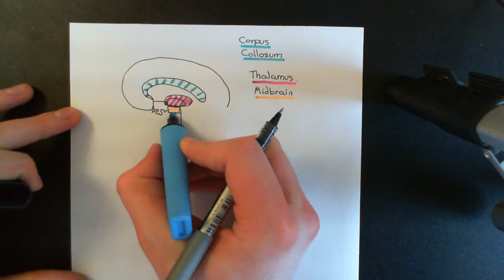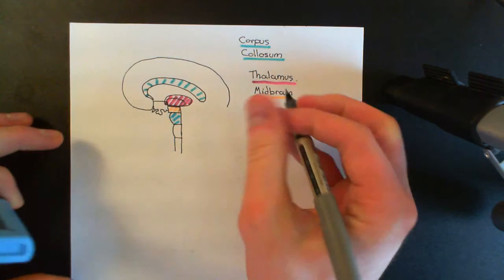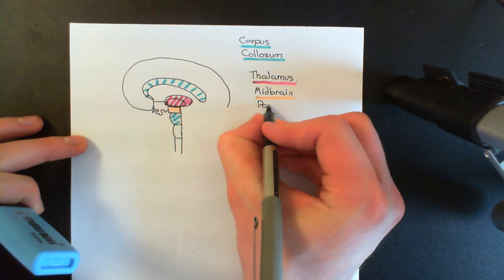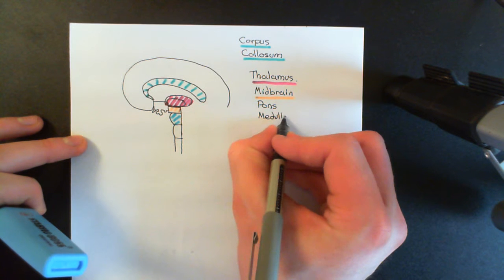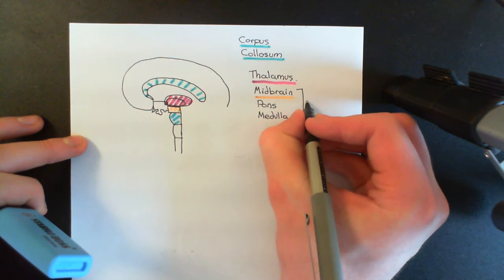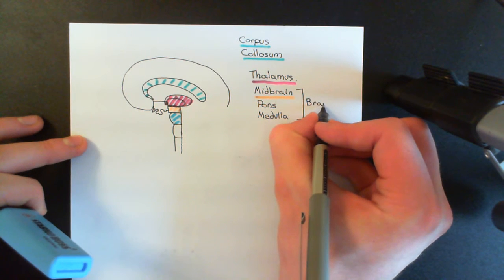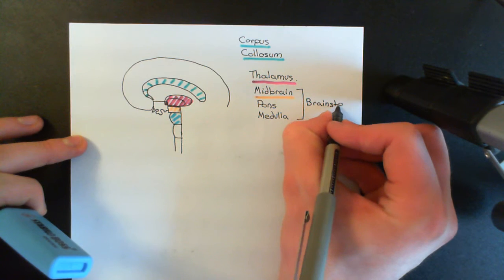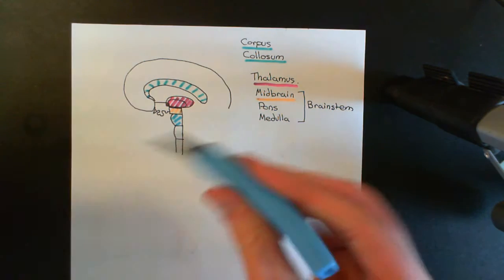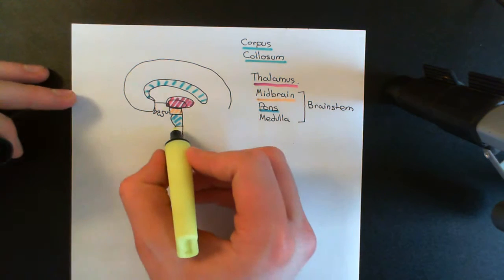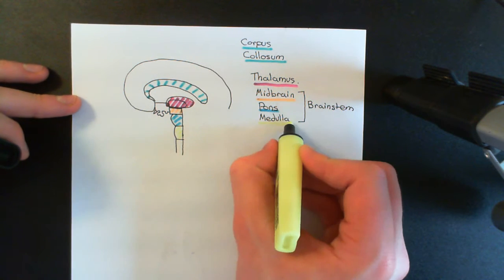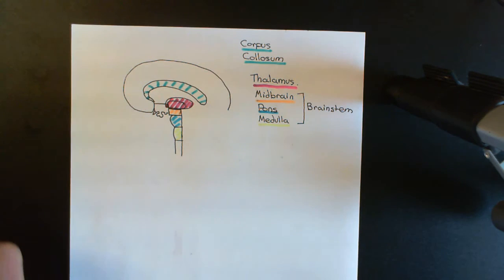So we've got the pons here in blue, and then the medulla below that, and those are the three components of the brainstem here. So the midbrain, the pons, and the medulla, they are the brainstem together. So pons we've coloured in blue, and medulla we'll have in yellow, and of course below the medulla you've just got the spinal cord. So that will have passed through the foramen magnum at the bottom of the skull.